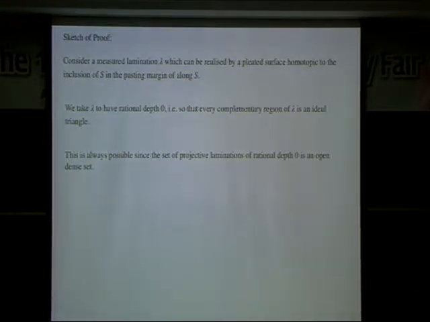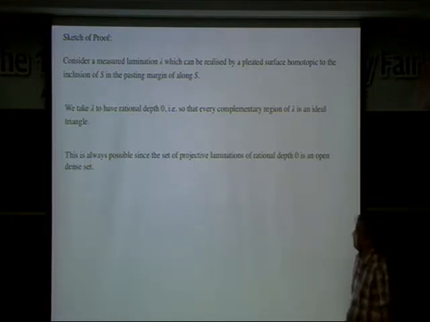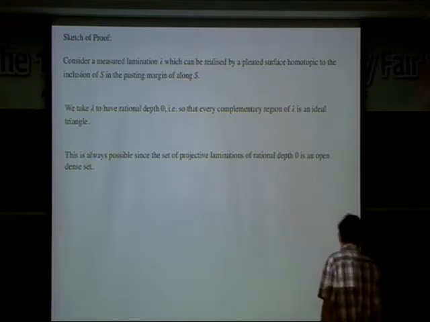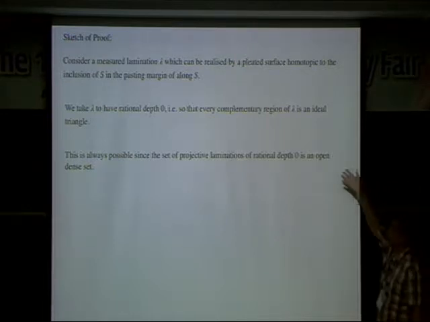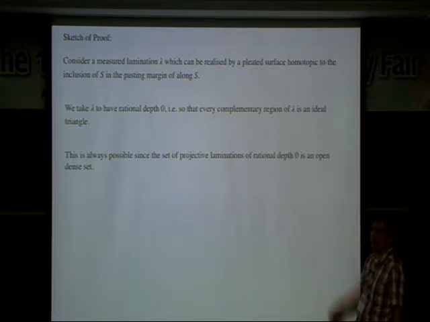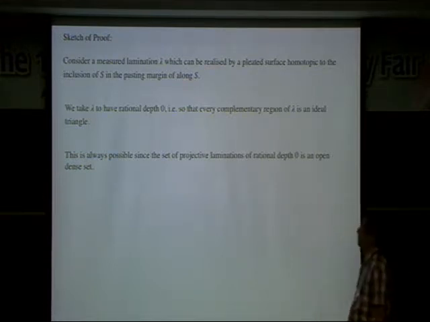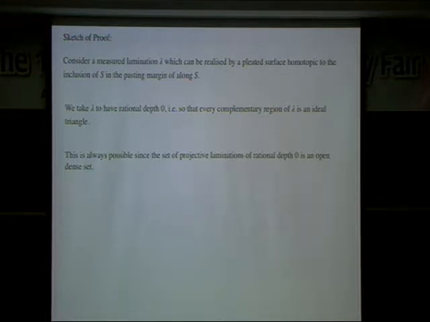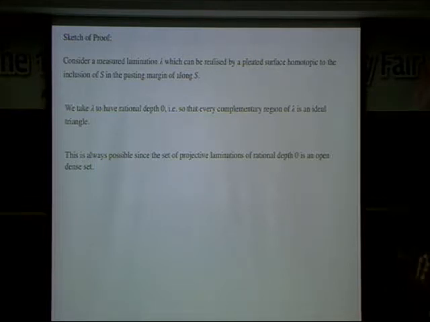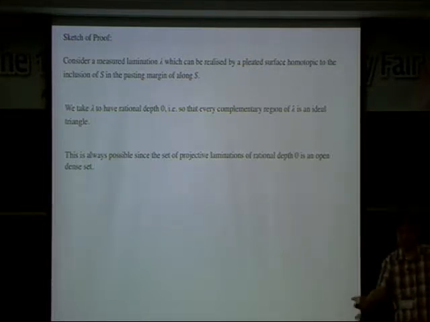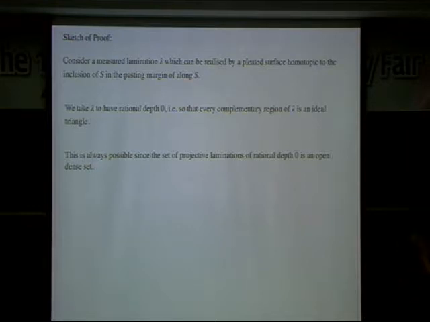Moreover, we take the lamination so that its complement is ideal triangles. This is possible because such a lamination is called rational depth zero, and it's proved that laminations of rational depth zero are open dense. So you can always take a lamination which is realized by geodesics and whose complement is ideal triangles.